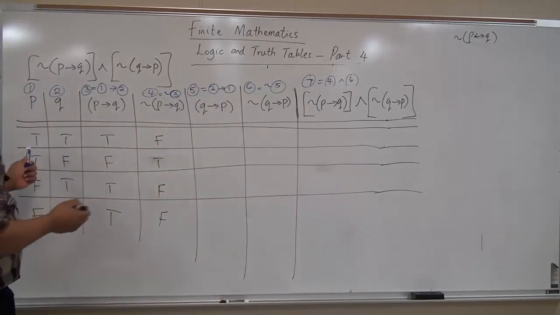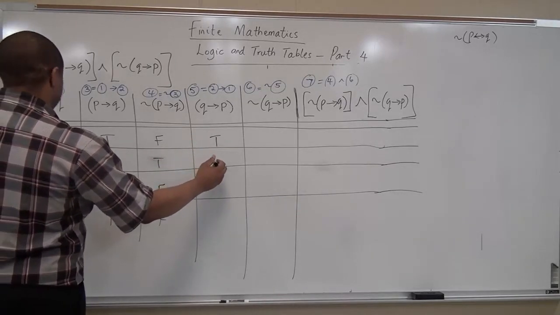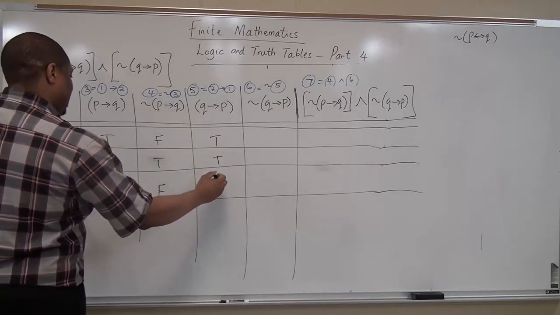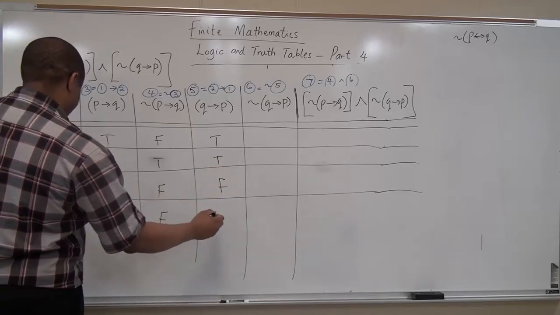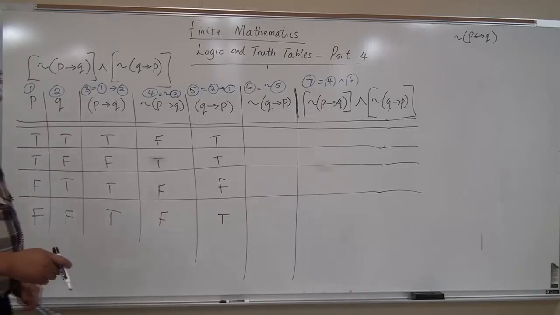So T is T, T here is T, FT is T, TF is F, and FF is T. Right? TFTT, TTFT.